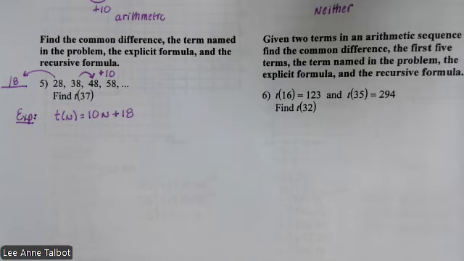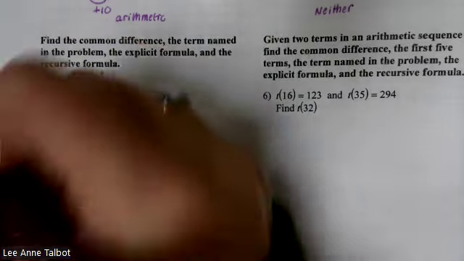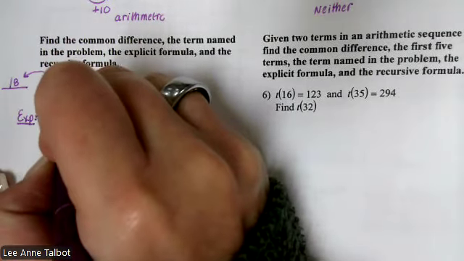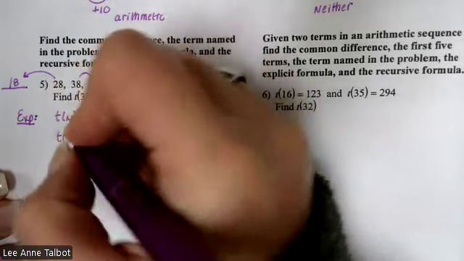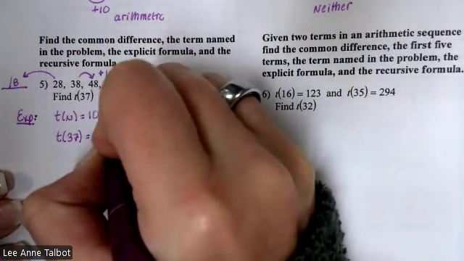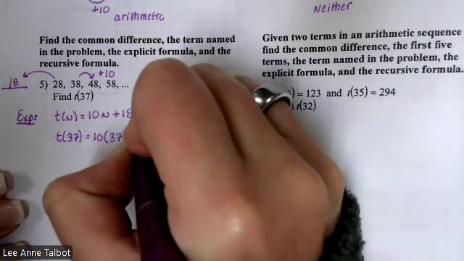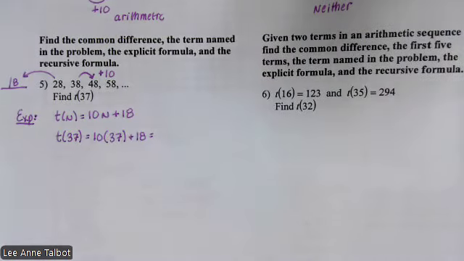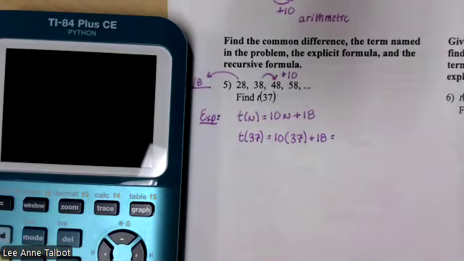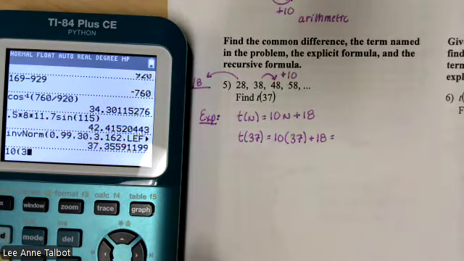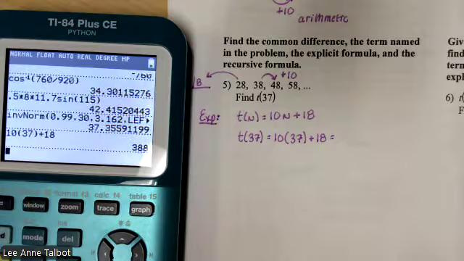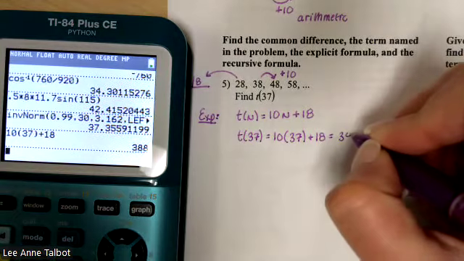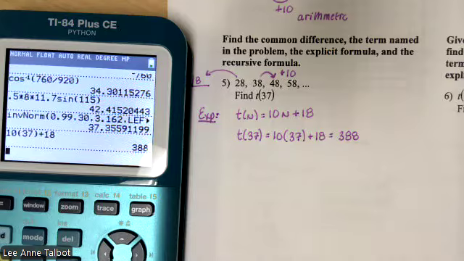The explicit is helpful because it's like your portal gun. It helps you get anywhere you want. And I want to go to term 37. So T37 equals 10 times 37 plus 18. I feel like I could have done that without a calculator.